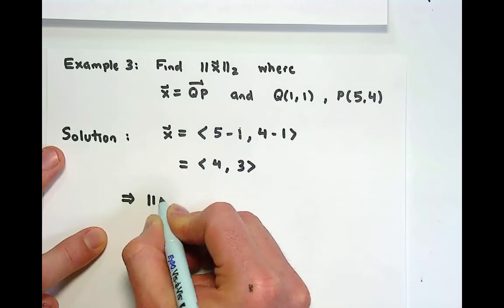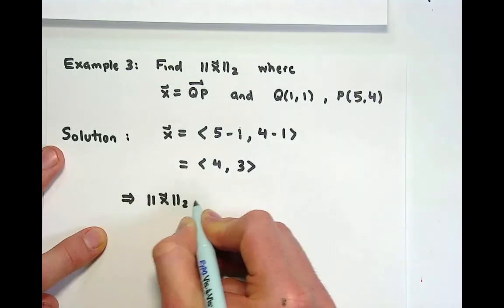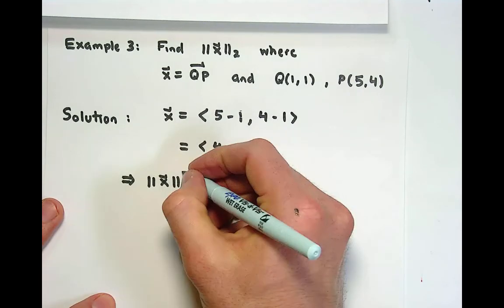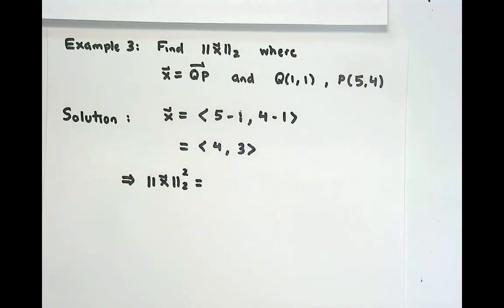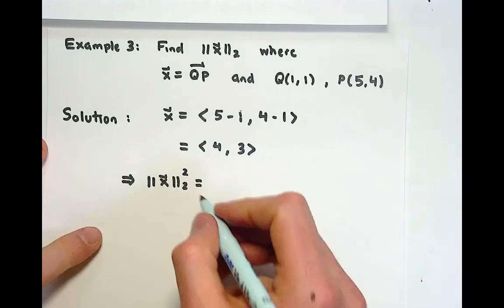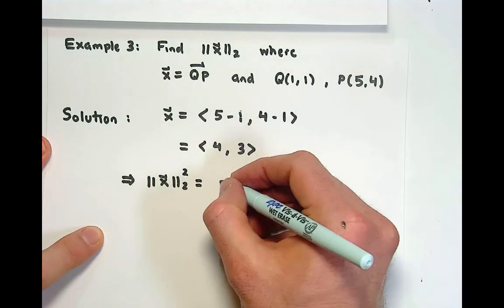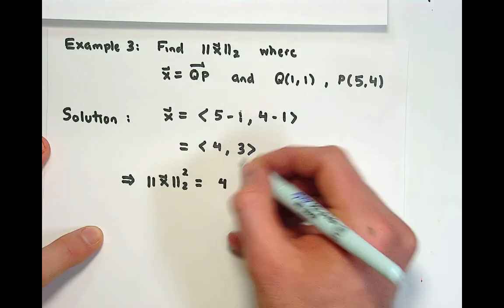When I take the 2 norm of this thing, I'm going to do something a little crazy. I'm going to first square it, because square roots give me a headache. And we know that the 2 norm squared would be the sum of the squares of these things.